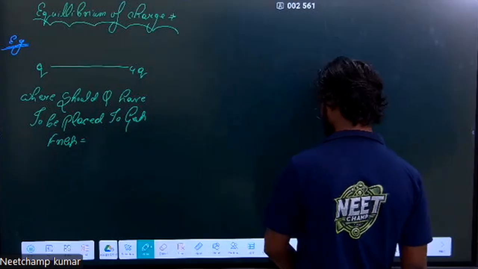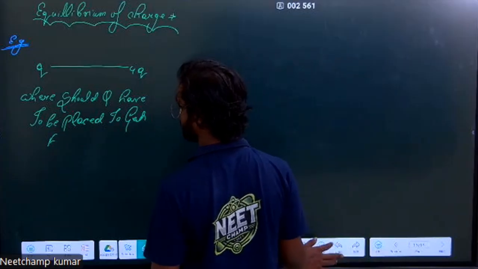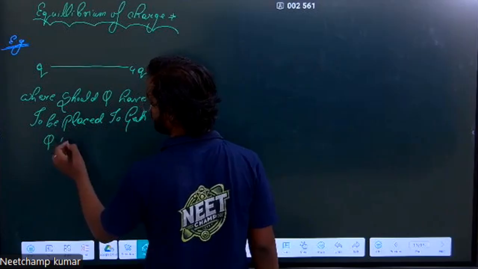Or you can say, Q in equilibrium. This is Q, this is 4Q.